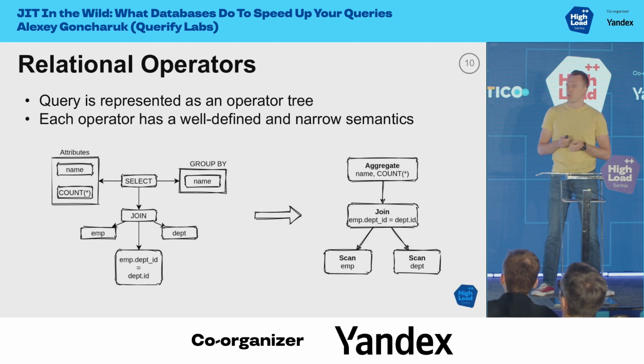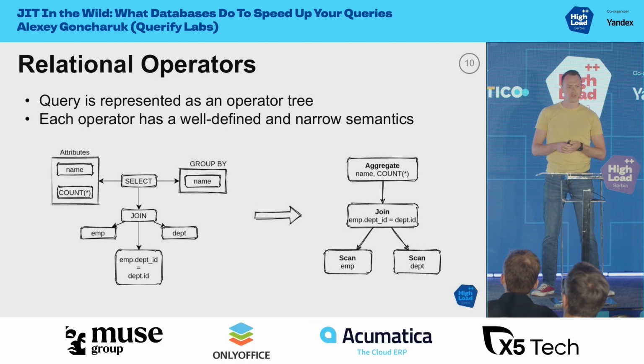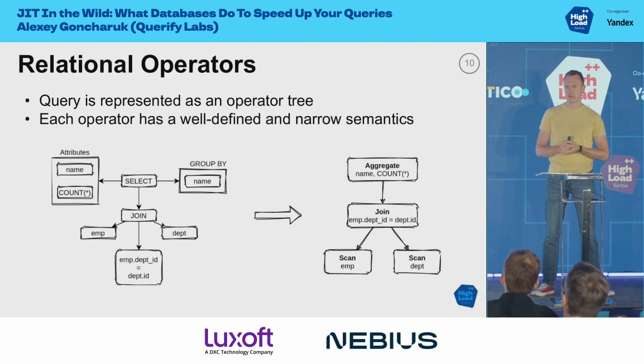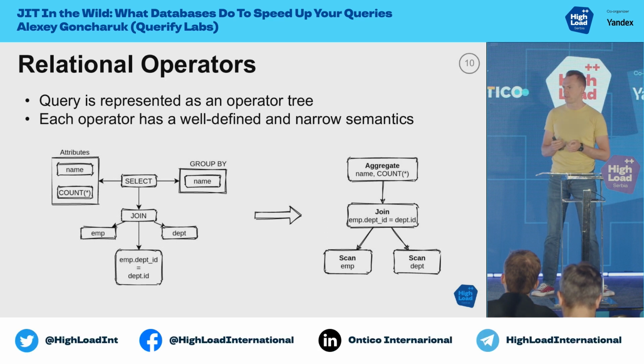Unfortunately, working with ASTs is not very convenient, neither for SQL optimizers nor for the query runtimes. So the next thing that happens after the validation is that the query is transformed into a tree of so-called relational algebra operators.